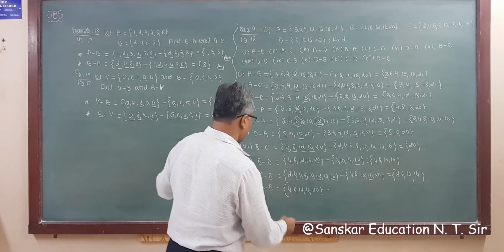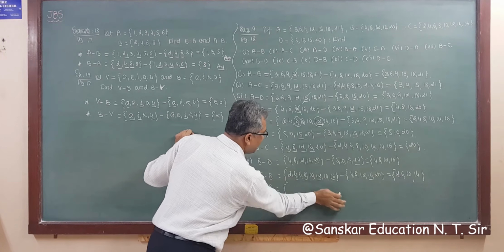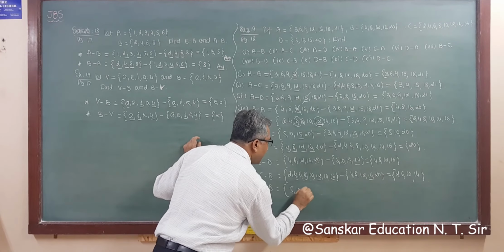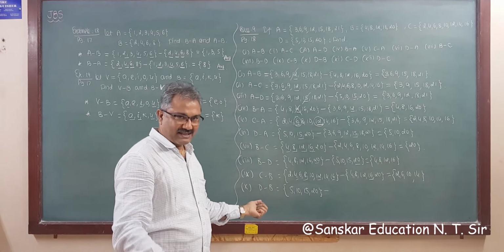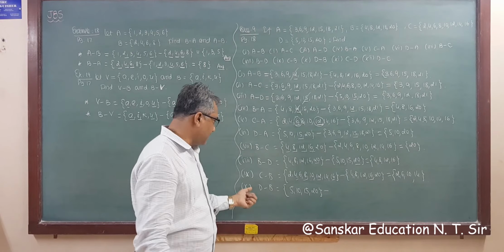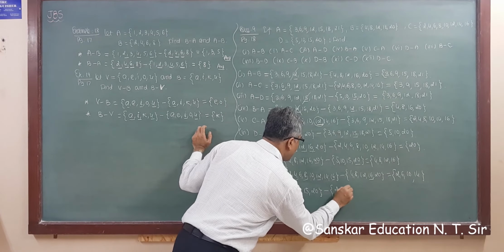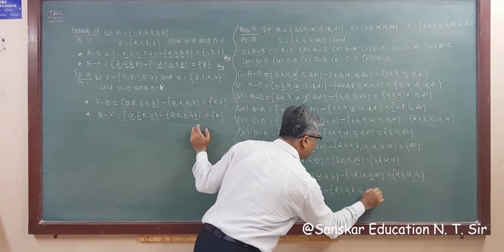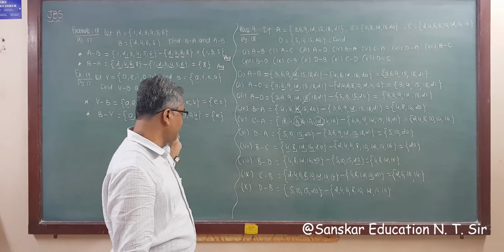This is B, right? D is 5, 10, 15, 20, minus B. So take care of this kind of mistake, right? B is 2, 4, 6, 8, 10, 12, 14 and 16. So this is your B.